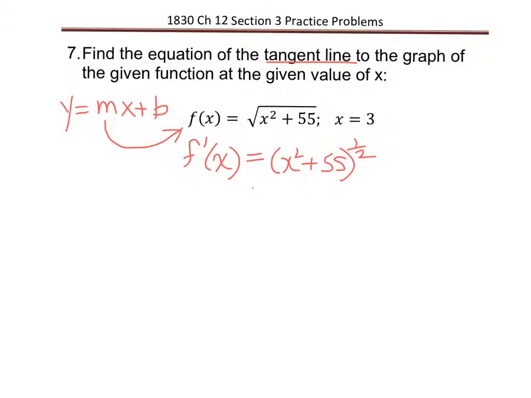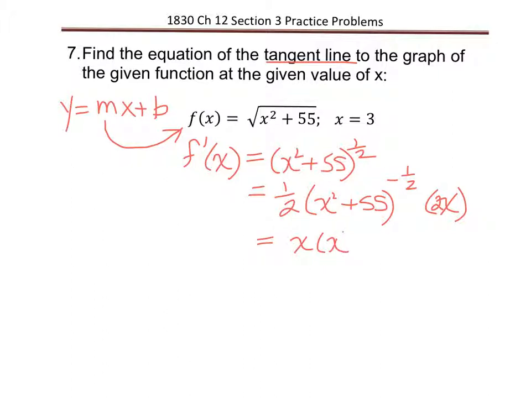And I'll just tell you up front that the derivative is going to be 1/2 times (x squared plus 55) to the negative 1/2 power times 2x, which is going to wind up being x times (x squared plus 55) to the negative 1/2 power, or you can change it back to a radical.